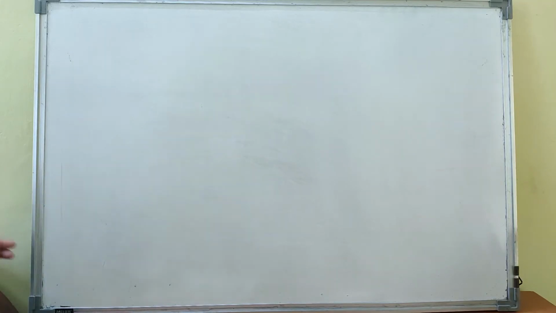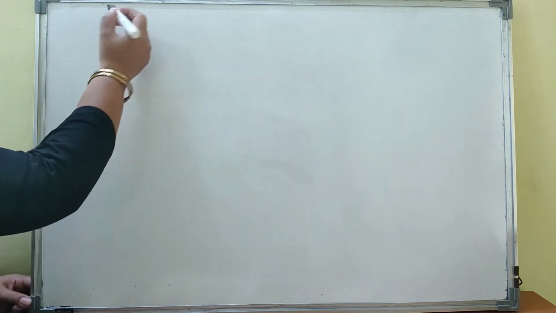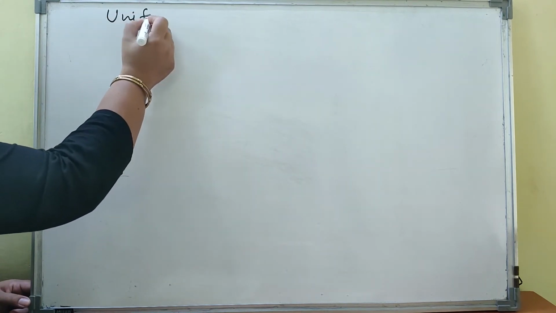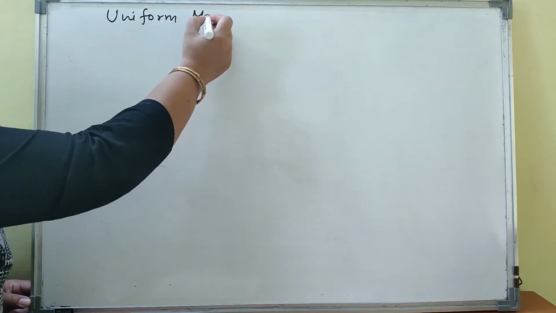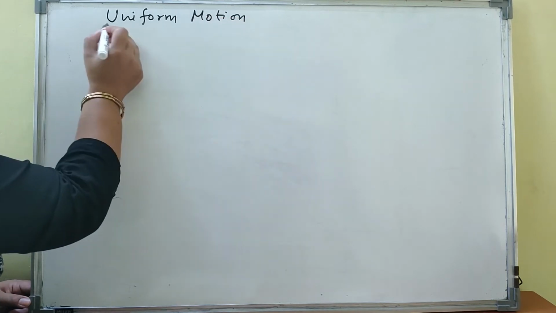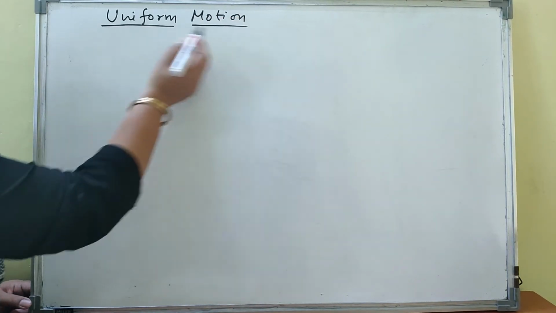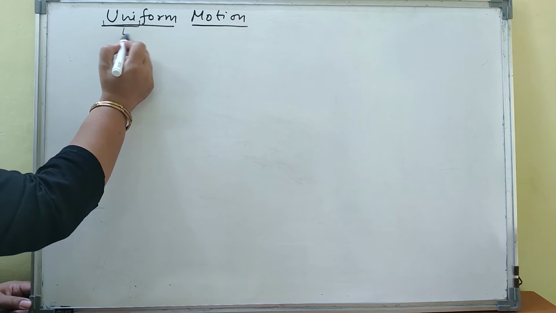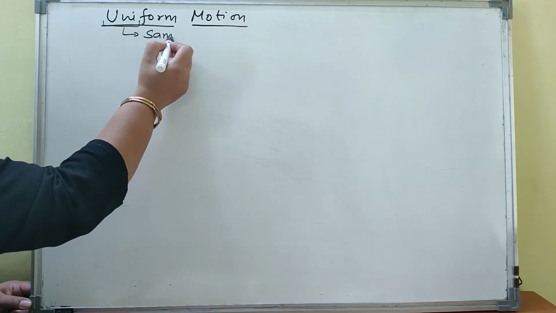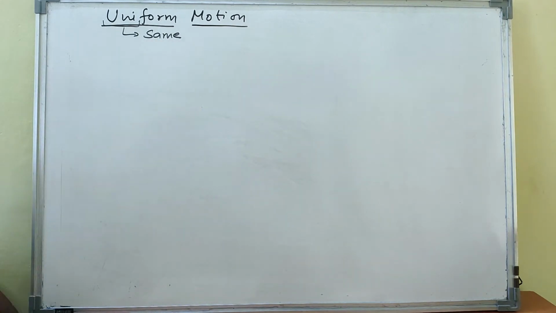Now students, now we'll discuss uniform motion and non-uniform motion. Uniform motion. As the word says, uni means same type of motion, that is uniform motion.